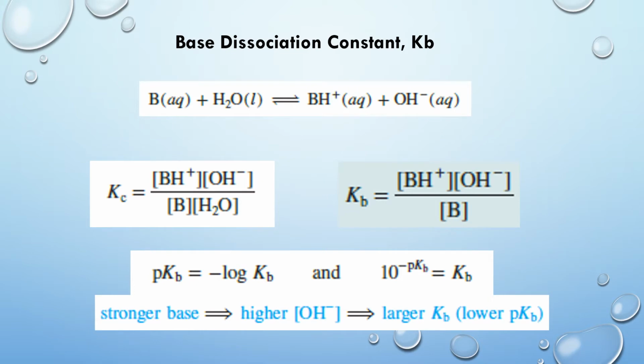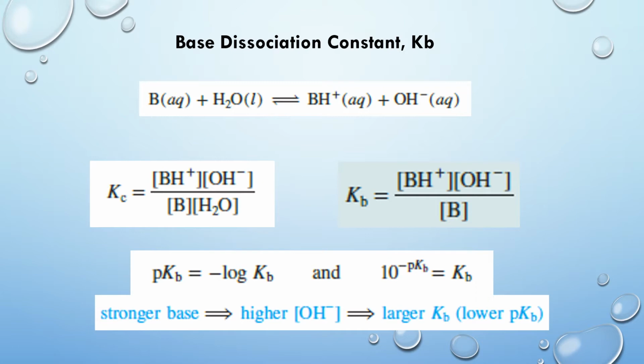For acids, we have this dissociation constant Ka. For bases, we also have a constant called the base dissociation constant Kb. But actually, the base never dissociates. An acid will decompose, so the acid molecule becomes a proton and the corresponding anion, or the conjugate base.